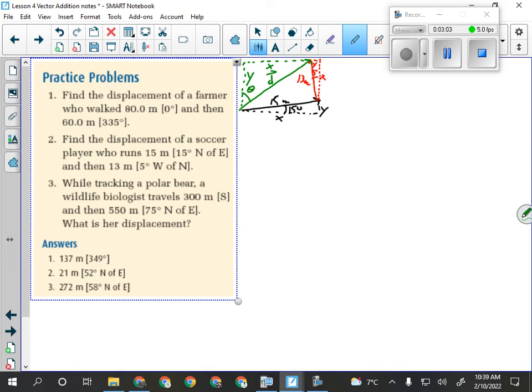The other method we call the separate triangle method. It's exactly what it sounds like. We don't draw them tail to head. We just draw separate triangles.